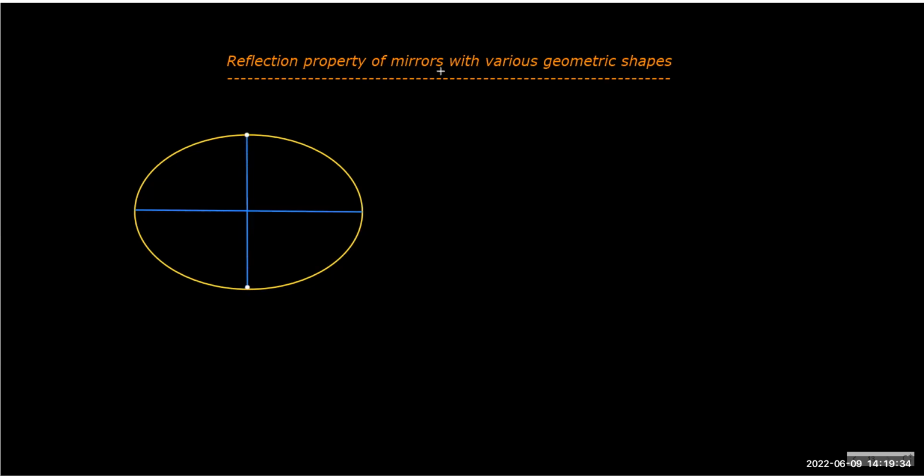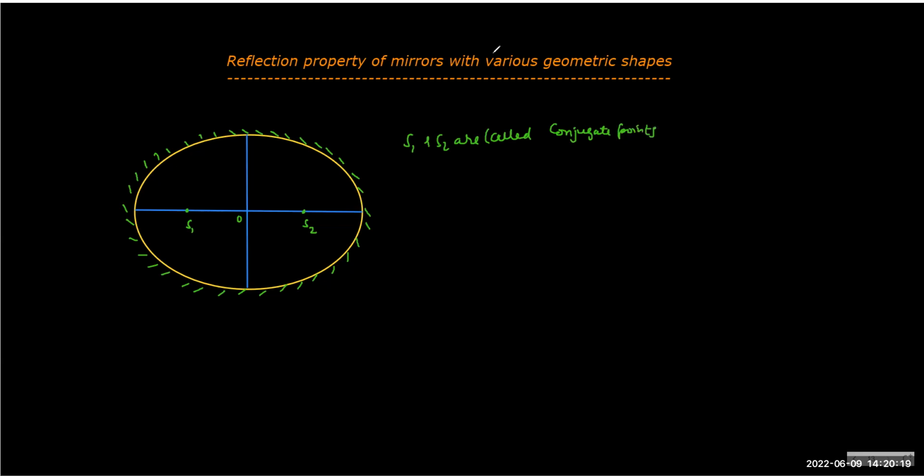So in the case of an ellipsoid or elliptical mirror, let's say I paint the outer surface, the foci S1, S2 are called conjugate points.